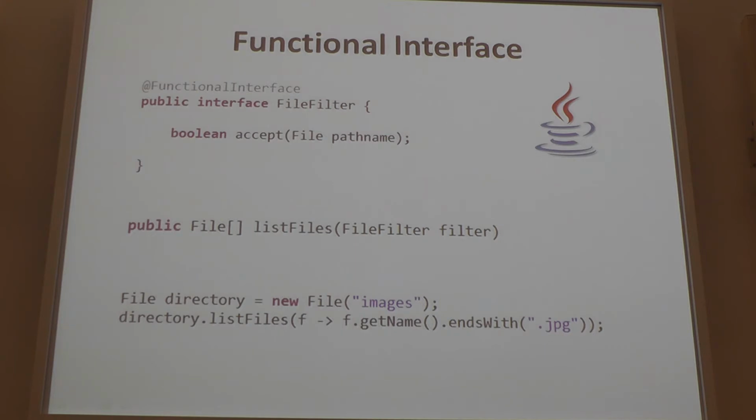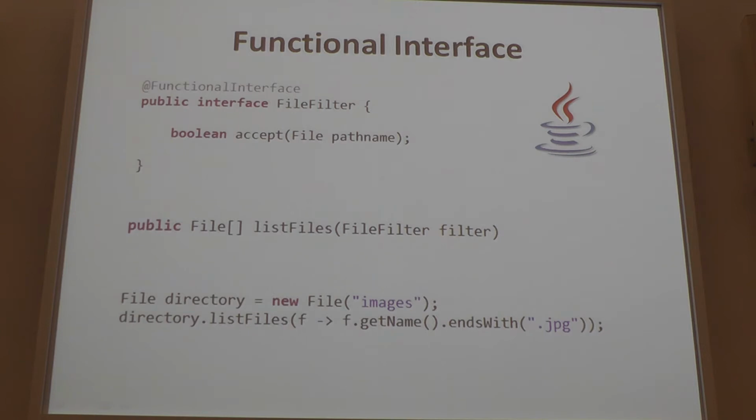Instead of creating a subclass of FileFilter, typically in Java 7 and older Java versions you would use an anonymous inner class at this point, where you would define your instance of FileFilter, but now you can use a lambda expression. So we have a java.io.File, we call the listFiles method, and we pass a lambda expression here. It's a function that takes one parameter f, and it calls getName().endsWith("jpeg").